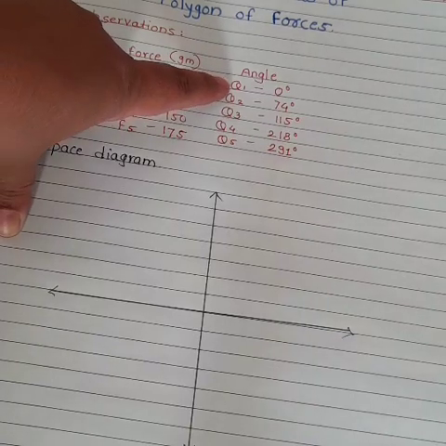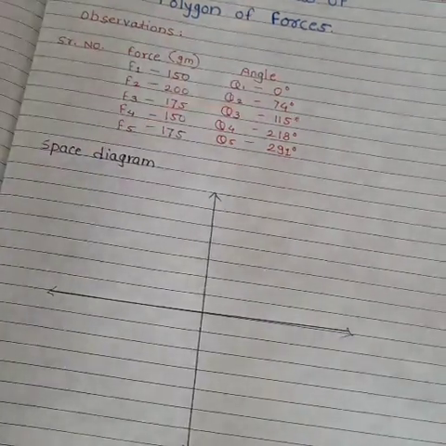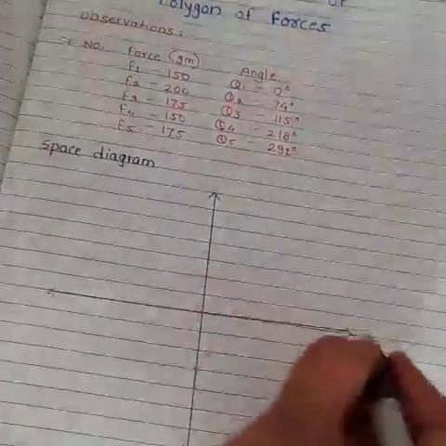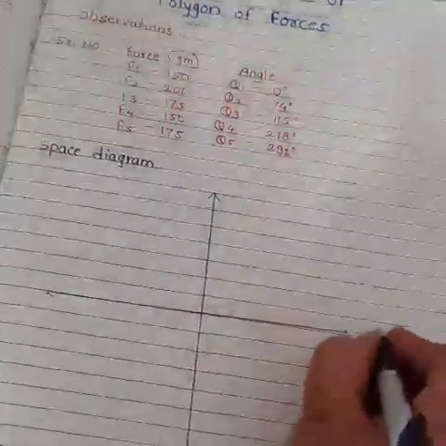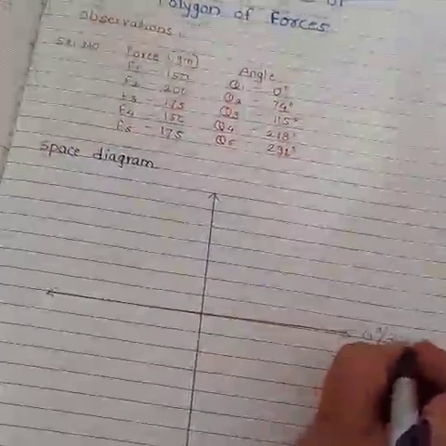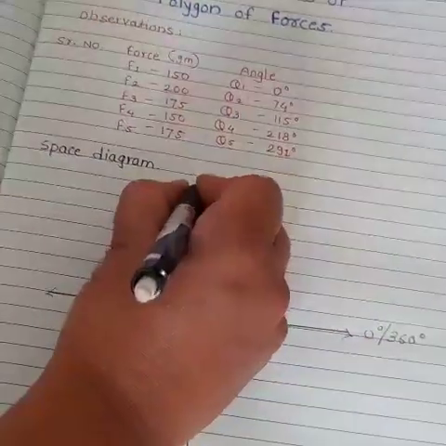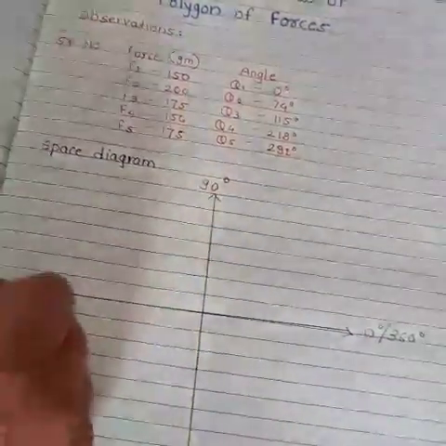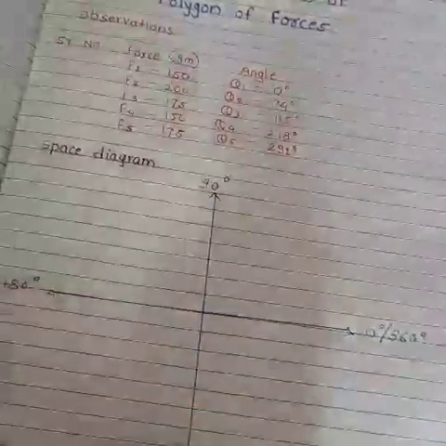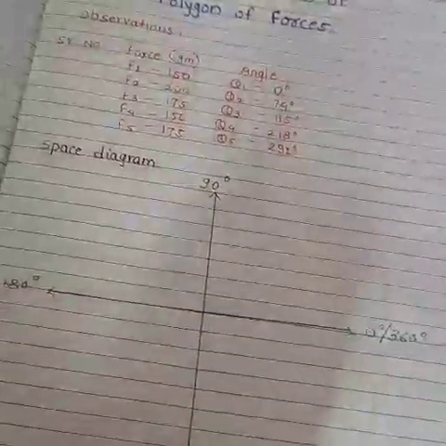For the quadrant system, we know that here is assumed as 0 degree or 360 degree, here it is 90 degree, here it is 180 degree and here it is 270 degree.